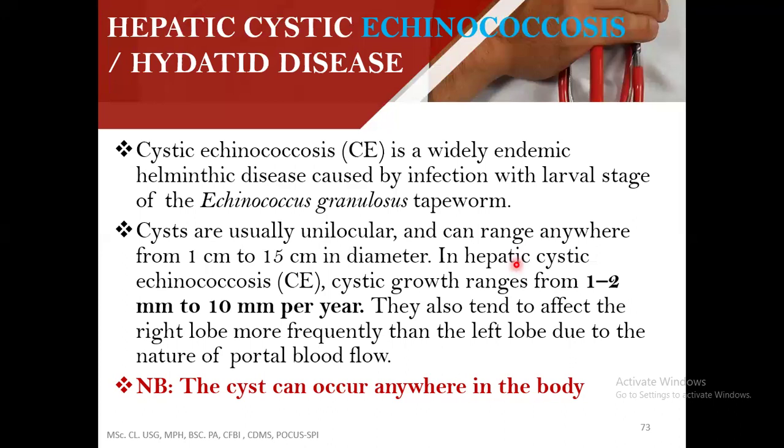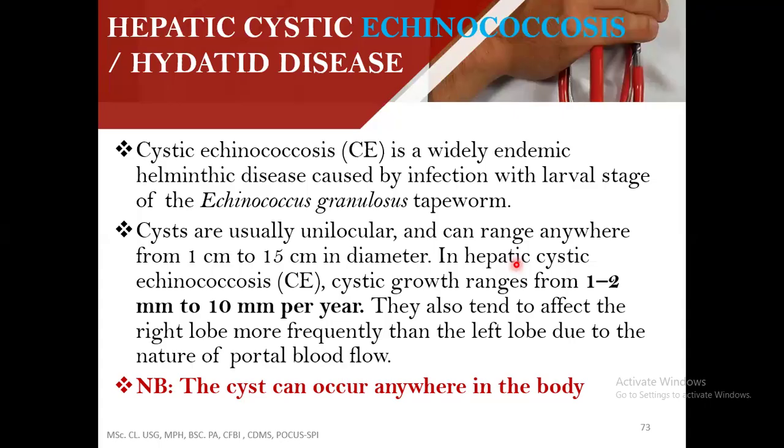So when they grow well and ovipose, they lay a lot of eggs, then the eggs will move through the portal vein and be deposited into the liver. Then they start forming cysts in the liver.